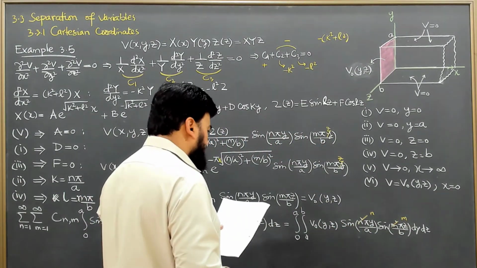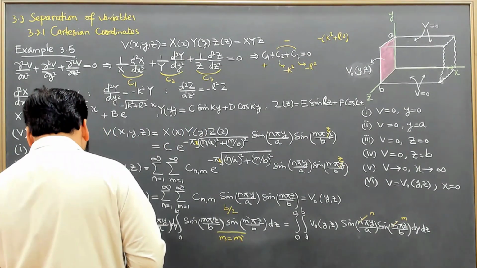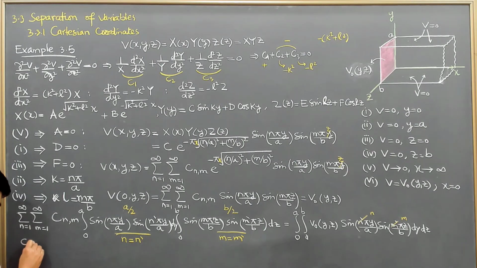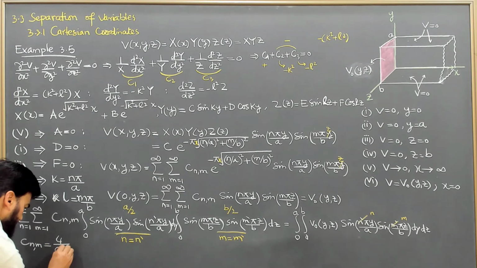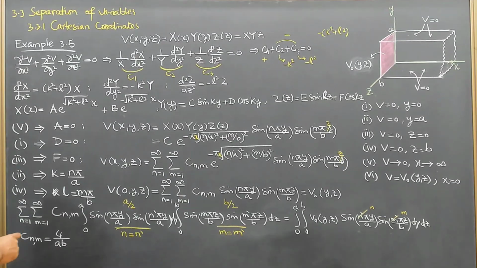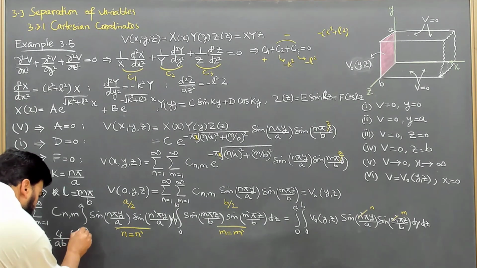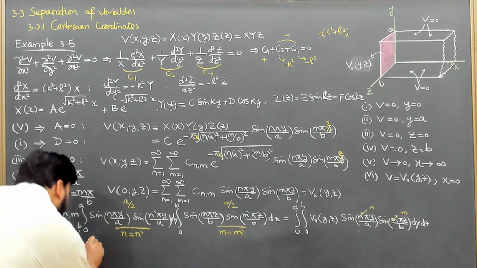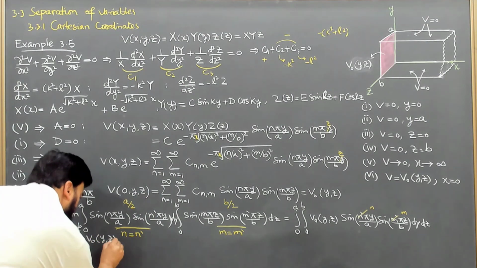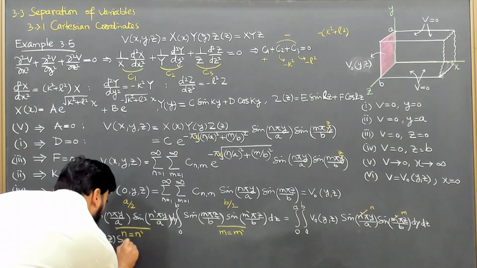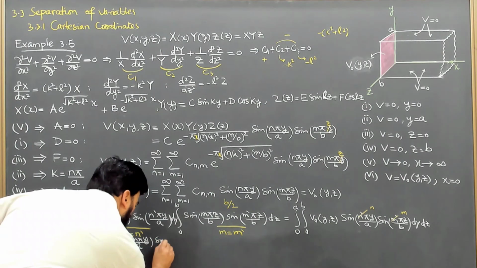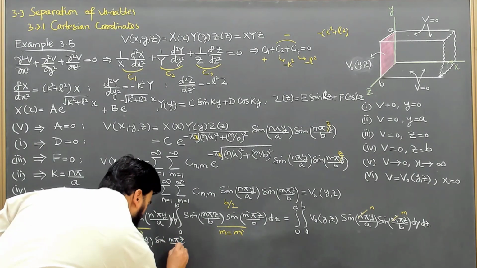V naught, sine n pi y over a, and this. So we have the c_nm value equal to 4 over ab, and then the integral from 0 to a and 0 to b of V naught, and then the rest, sine n pi y over a and sine m pi z over b, dy and dz.